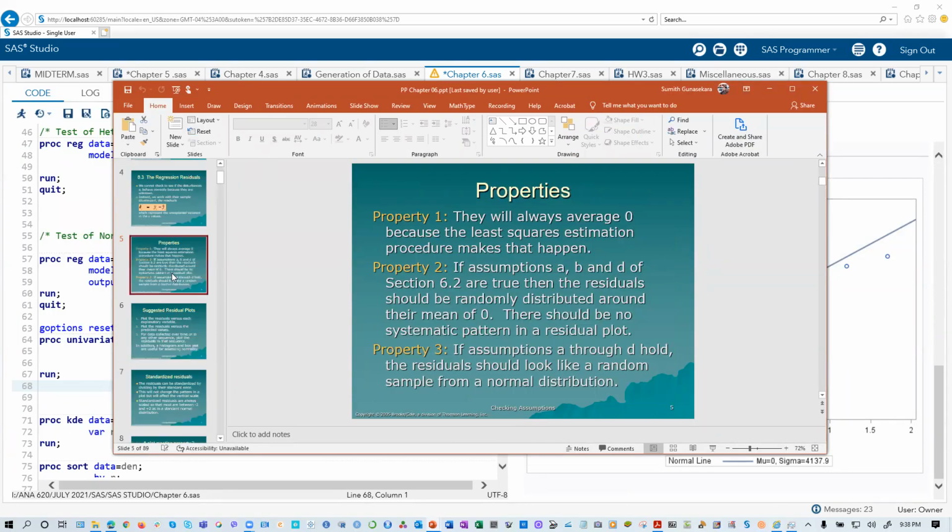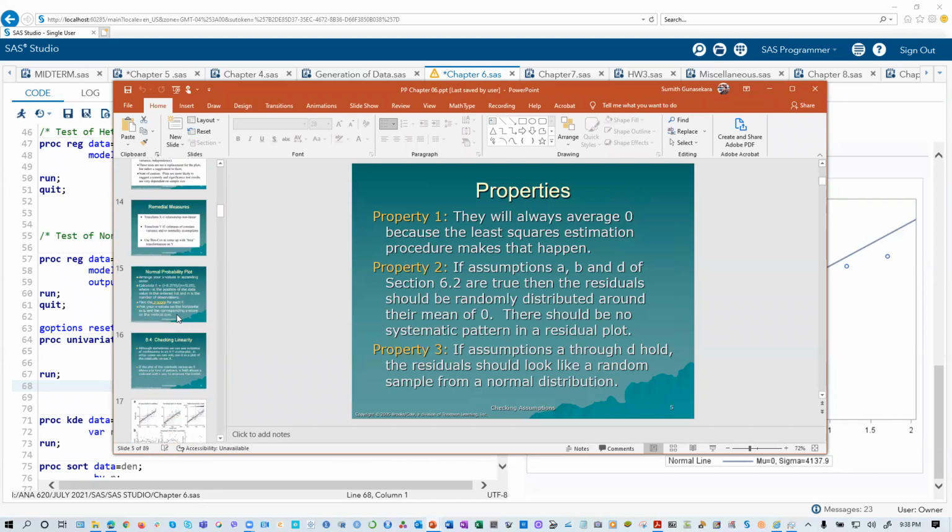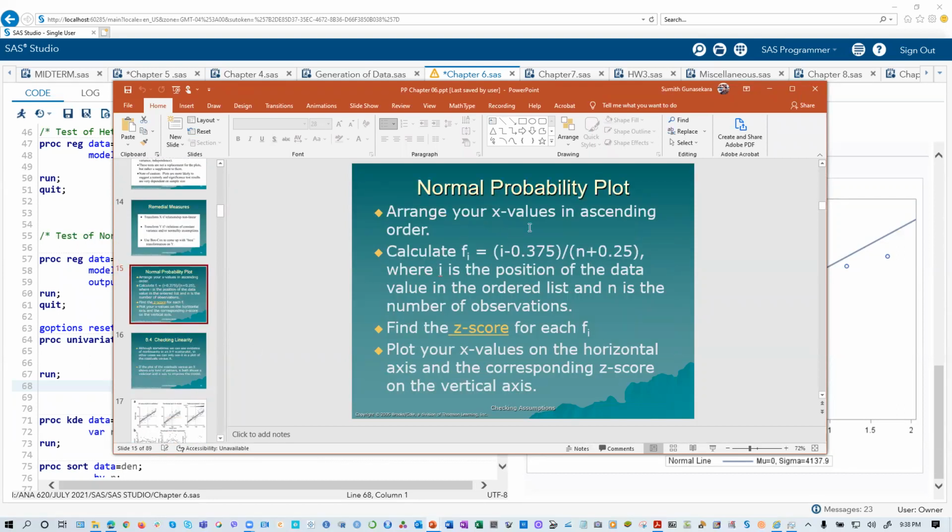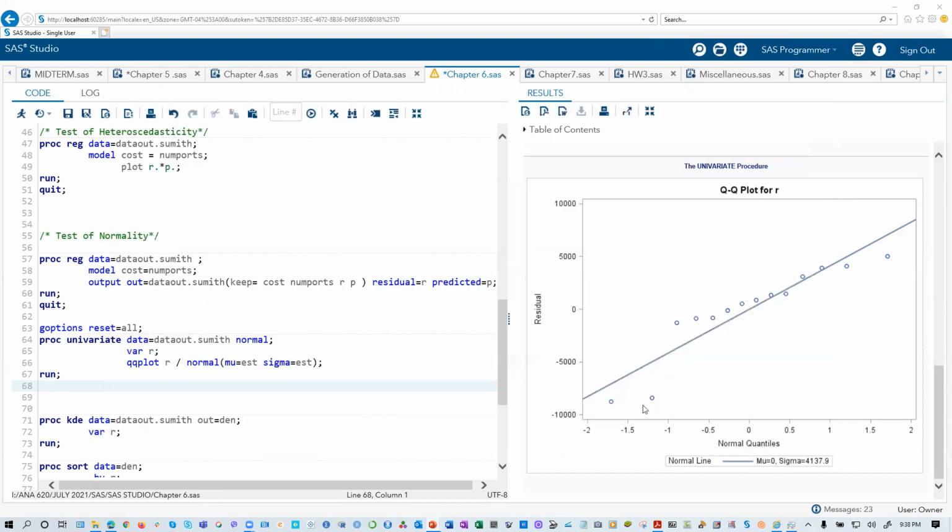You get your residuals, you order them, and corresponding to each one you find the z-score. That's called the quantile. It's the residual and its corresponding quantile, or standardized residual in another way. That graph you can get by the QQ plot.